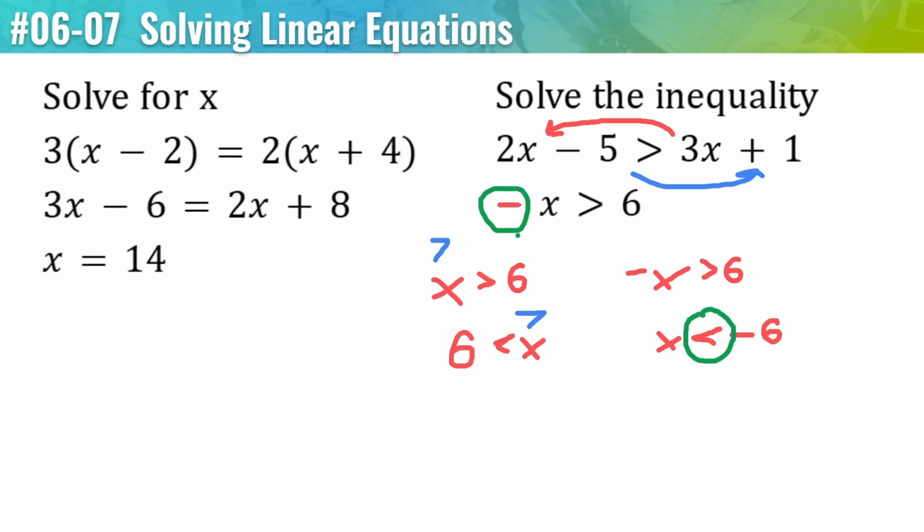So here, let's have a sample for this. Negative x is greater than 6, so it has to be a negative number. For example, negative 10. So negative 10 is positive 10, which is greater than 6. Similarly, we have here, negative 10 is less than negative 6, which is true.